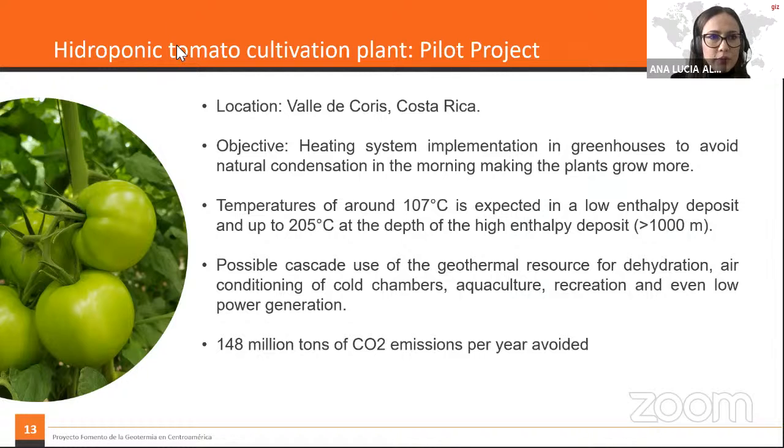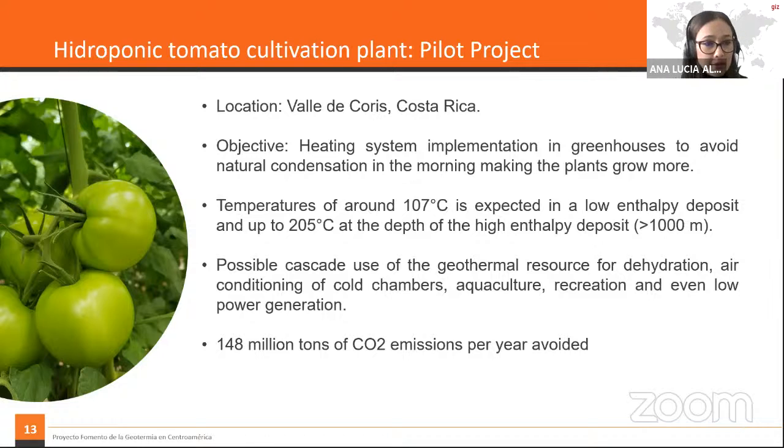Here you can see some technical information regarding the temperatures that we found in the area surrounding this greenhouse. And digging a well, there was a well, no more than 1,000 meters from depth.